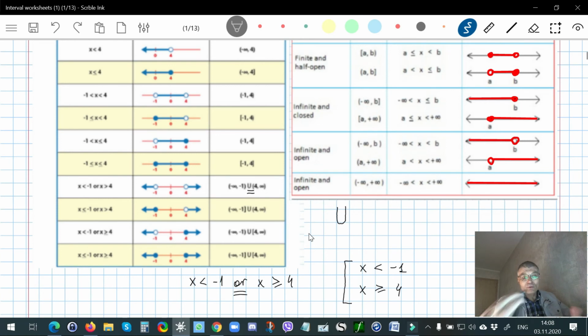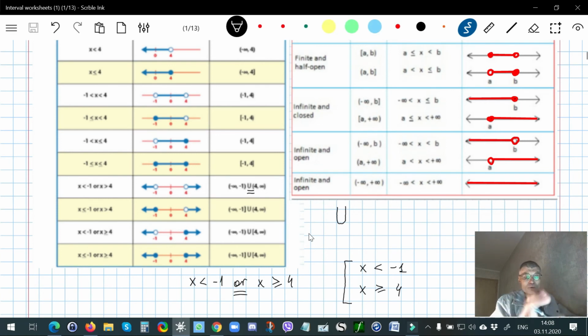Because it's unification of two intervals. So it means exactly what is written here. From negative infinity to negative 1, without including it, open interval. We can say the word open. And when we're reading this, we can say and, or unified, but and is much easier.